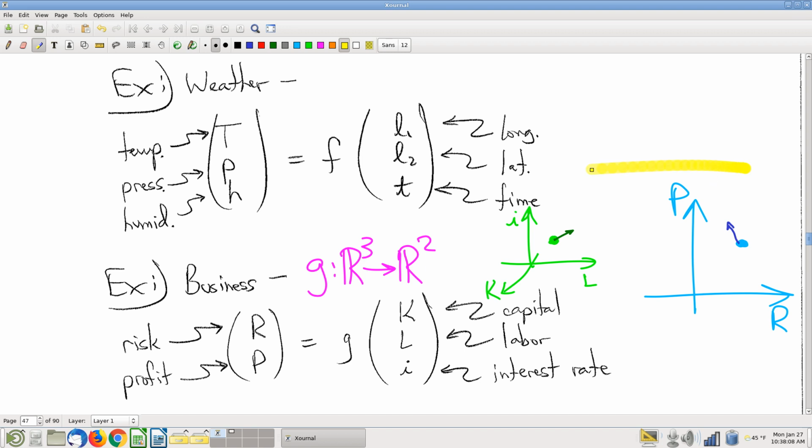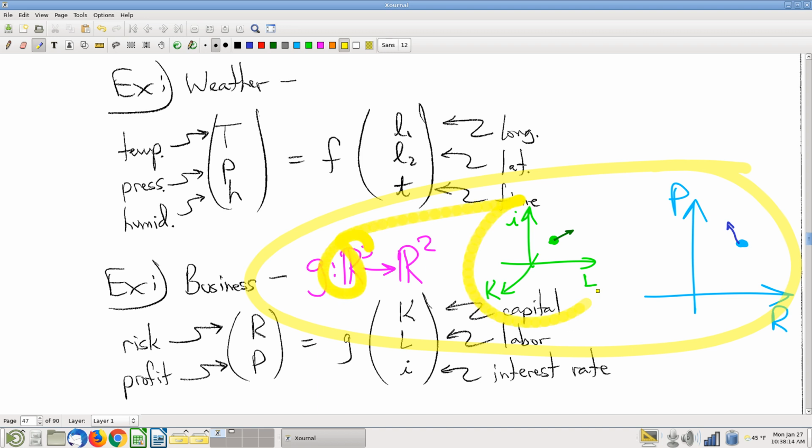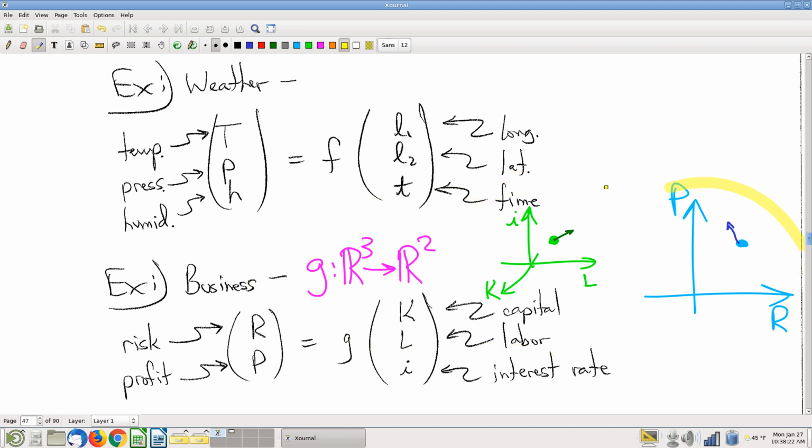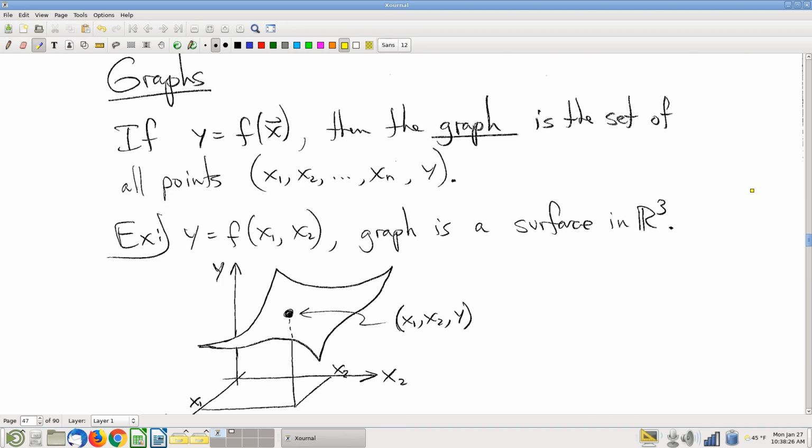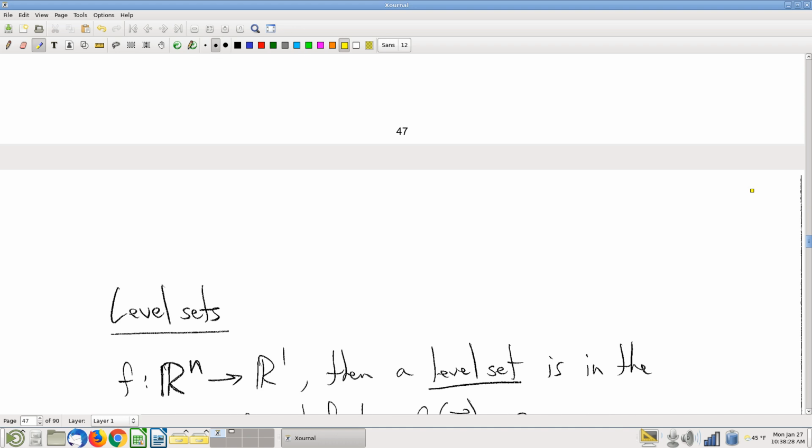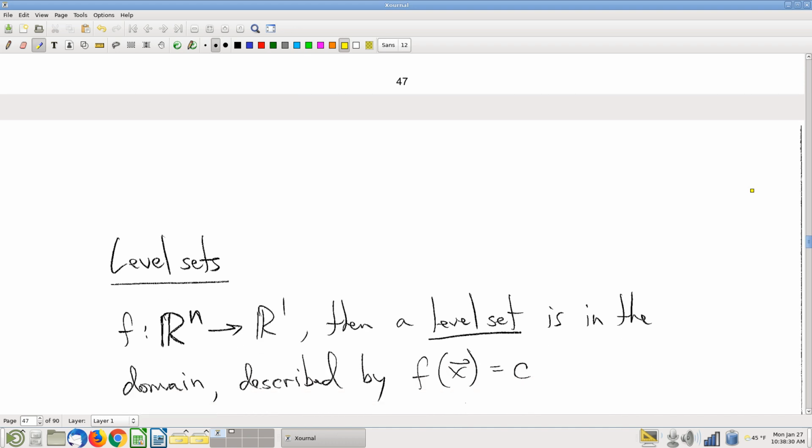Sometimes I call this the natural picture of a function, because, again, domain, there it is. Target, there it is. It is actually a pretty natural way to understand functions. So, compared to the natural picture of a function or the graph picture of a function, level sets fill in a nice little gap in a useful way.